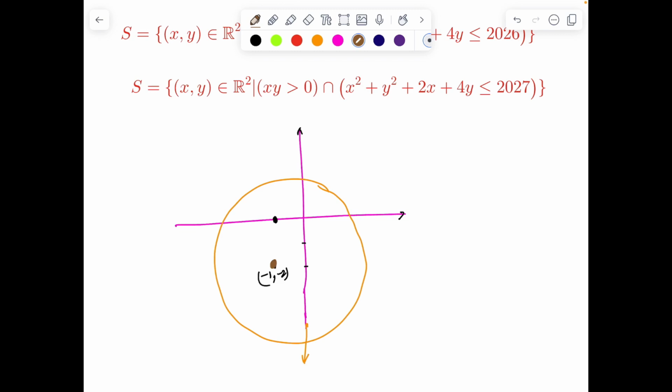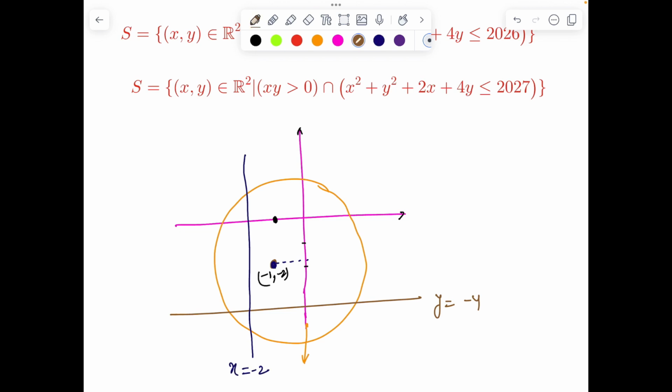So if I draw a line which is exactly the same distance below the center, this will be y equal to -4, right? Let's draw another line. Its distance from the y-axis is 1, so if I draw another line, let's say x equals -2.